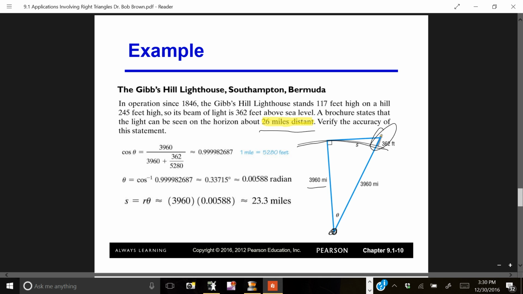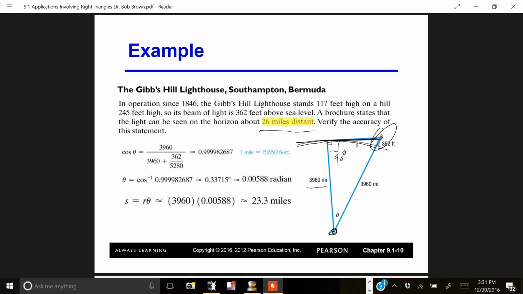If we look at the top of the lighthouse and figure out just how far someone at the lighthouse could see, you draw a line that just touches the earth, and this would be a 90-degree angle.